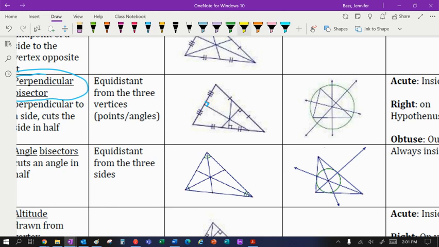The information you may be asked to use is that it's equidistant from the three vertices, meaning that this distance to the vertex is equal to this distance to this vertex, which is equal to the distance to this vertex. Because every point on the circle is equidistant from the center, and each of the vertices goes through the circle, if you were asked to write an equation, these three segments are all congruent.